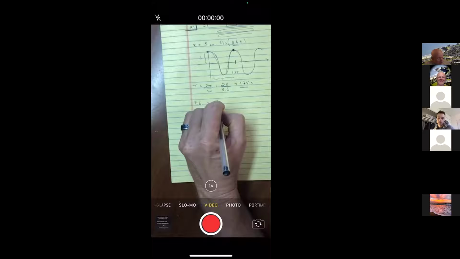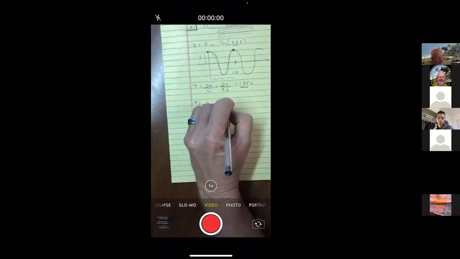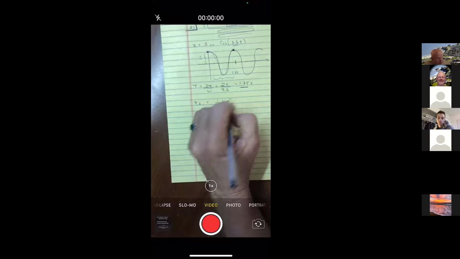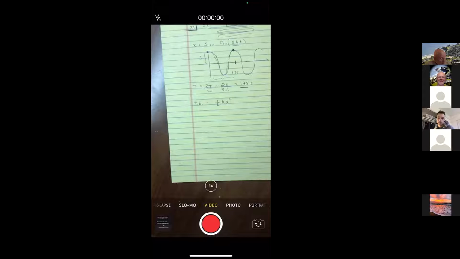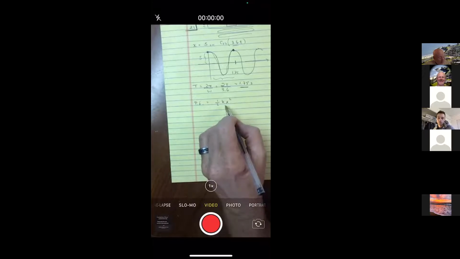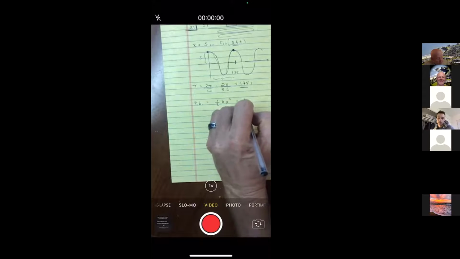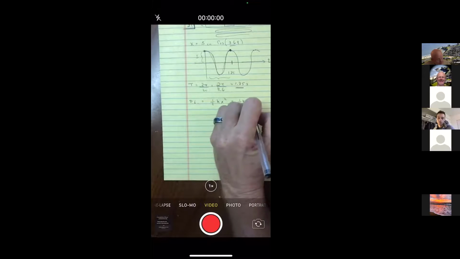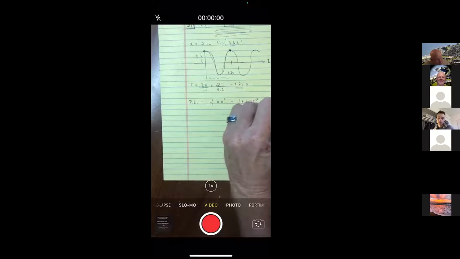So we're talking here about the potential energy of a spring, which is 1/2 kx squared. Now, if I put in my x here, and let me go ahead and put it in meters, this is what I wanted you to see, a cosine squared.